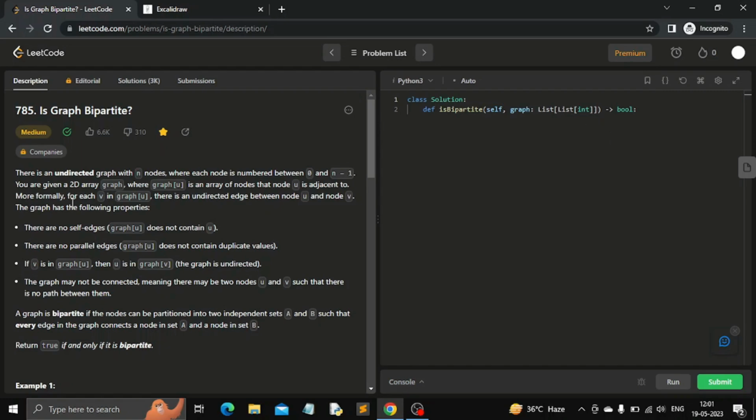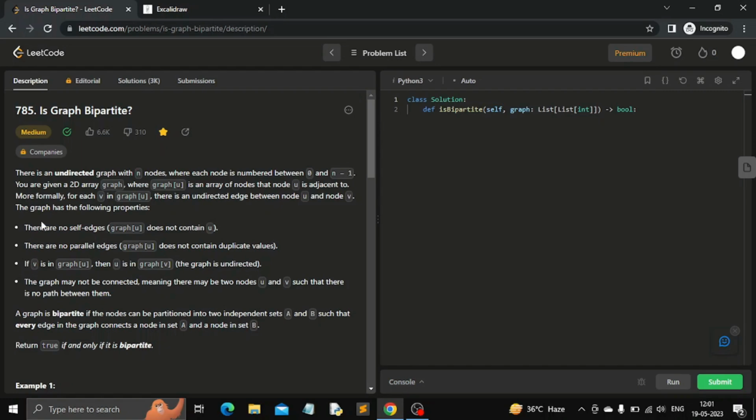We'll be given a 2D array graph where graph of u is an array of nodes that node u is adjacent to. Okay, each index represents a vertex, and corresponding to that vertex we will be given a subarray which comprises all the vertices this current node u is adjacent to.